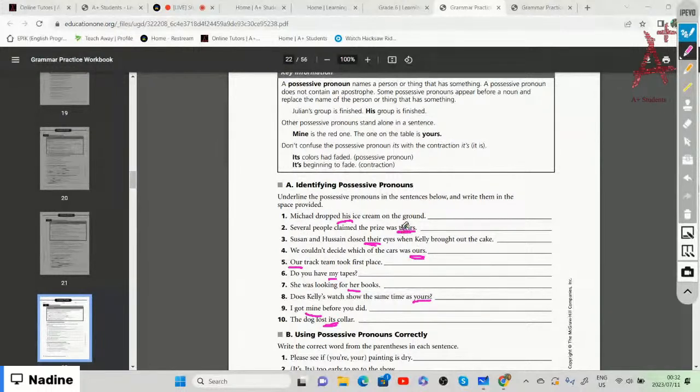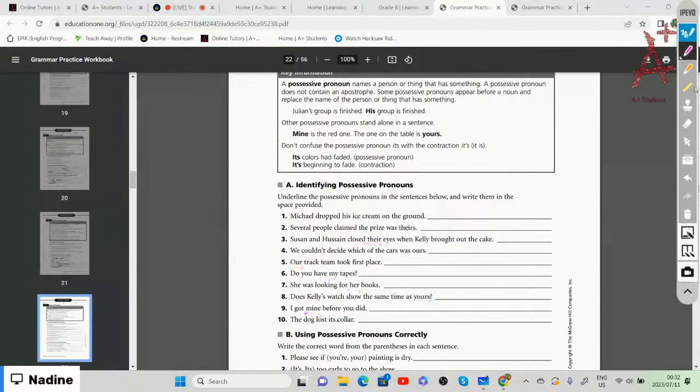Once again, it names a person or a thing that has something, and a possessive pronoun does not contain an apostrophe. Some possessive pronouns appear before a noun and replace the name of a person or thing that has something. So those are but a few, the meaning of what a possessive pronoun is.